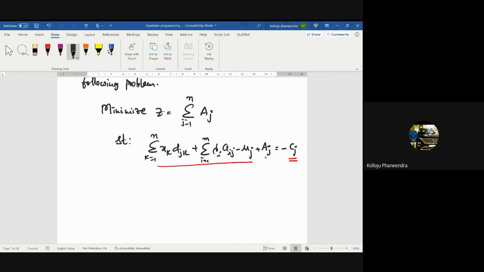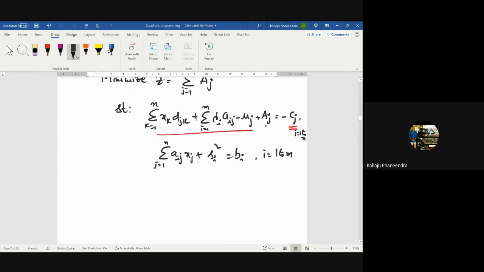Next, what is the next constraint? The given constraints are equality type constraints after adding slack variables: ai x plus si square equal to bi, for i equal to 1 to m, j equal to 1 to n. These two are the constraints.